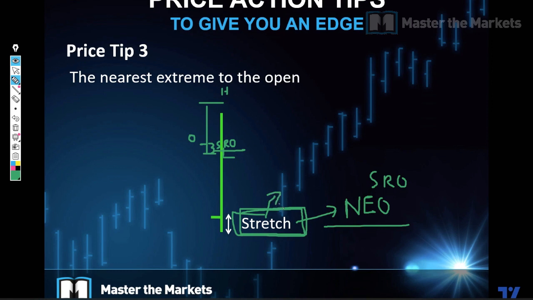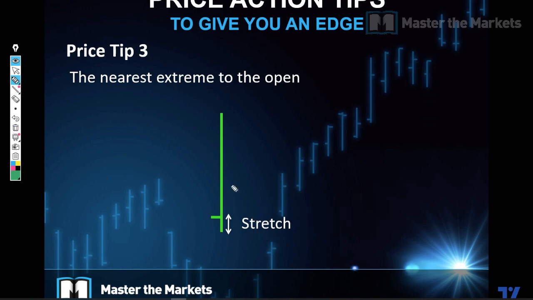The stretch principle got very popularized by a very big trader called Toby Crabel, whom you can Google and search. He's a very big billionaire hedge fund trader based on this stretch principle. Now, as traders, once you've identified with higher probability where the stretch is formed, what you really want to capture is the bigger range from the open.